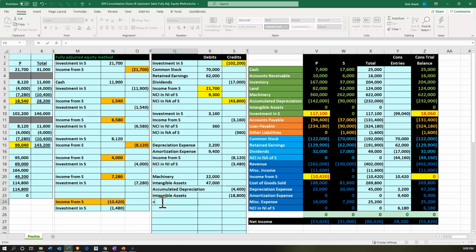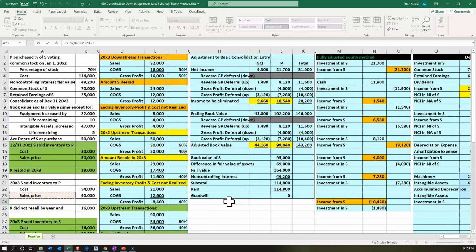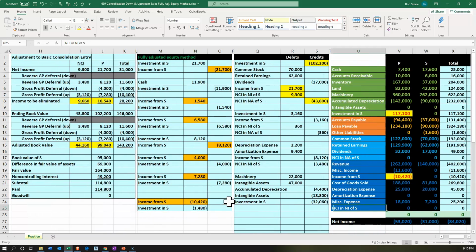So I'm going to say, all right, then I'm going to pick up the investment here, and then we need a credit. So I'm going to say negative sum of all of this times the 70%, and then the non-controlling interest in the net assets is going to be the 30%.